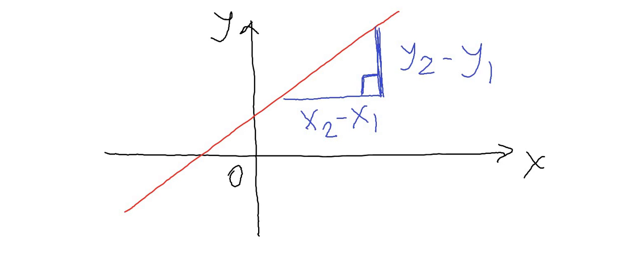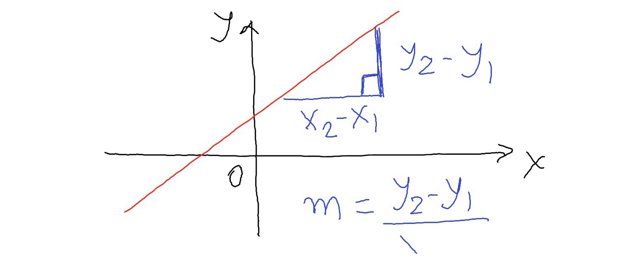Now y2 minus y1 is also called the rise, and x2 minus x1 is also called the run. Right, so that's your slope. So slope is y2 minus y1 over x2 minus x1, and the important thing is that it is the change in y, I'll just write that as delta y, divided by the change in x.